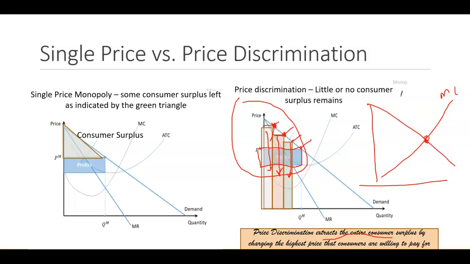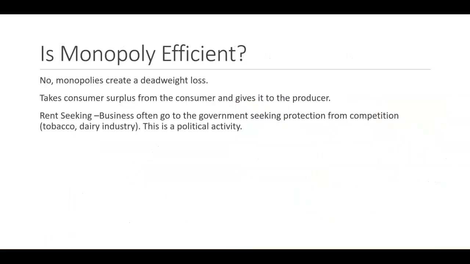Okay, but since we're not in a perfectly competitive environment, the firm can extract all of that consumer surplus. Okay, and normally this would be the consumers, and this would be the producer surplus. But the firm is trying to take that away from the consumer.